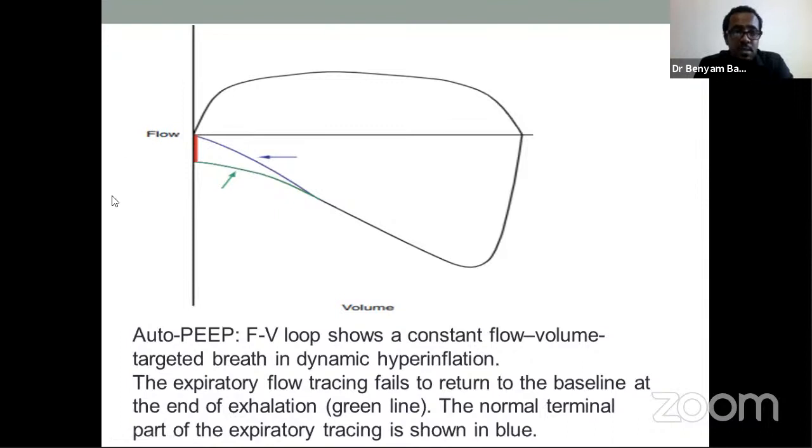But as you can see here, during expiration the graph is not returning to zero, but rather it stops or joins the axis prior to zero, the baseline where we started. So this would imply there is development of auto PEEP.